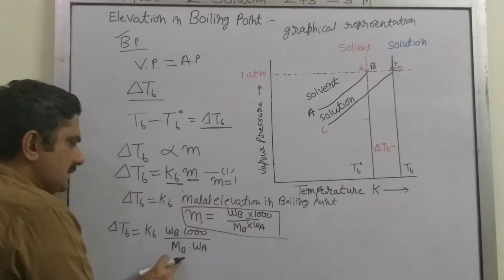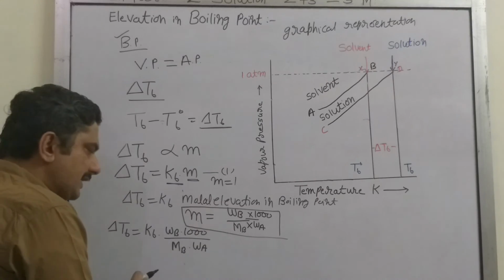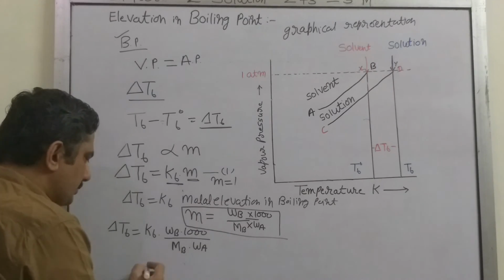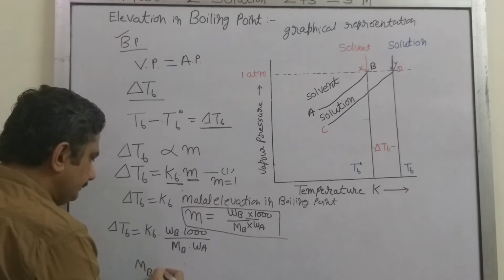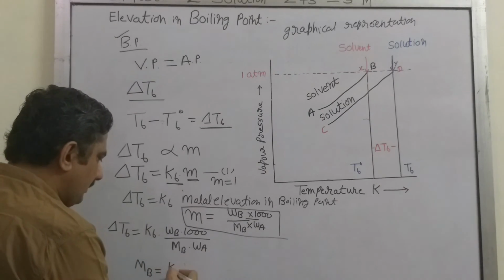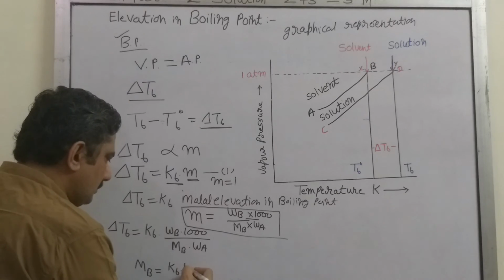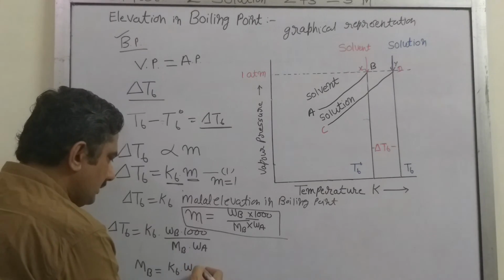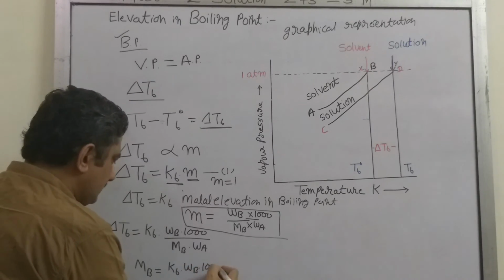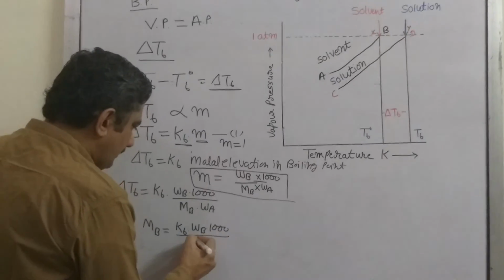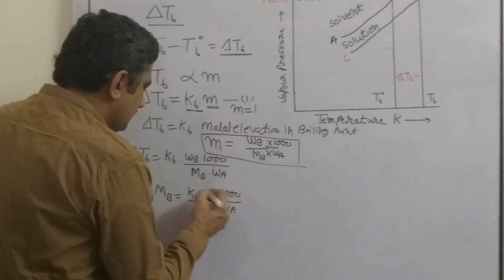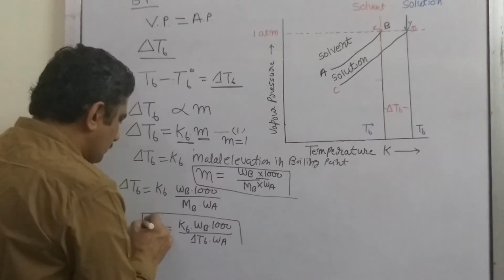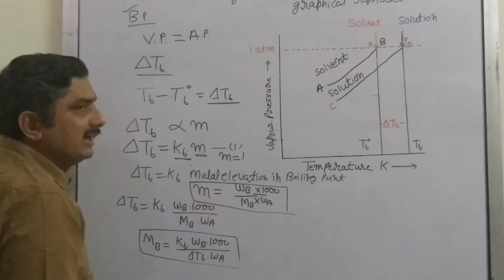With the help of this formula, we can determine molecular weight of solute MB. MB is equal to KB into WB into 1000 upon delta TB into WA. This is all about elevation in boiling point.